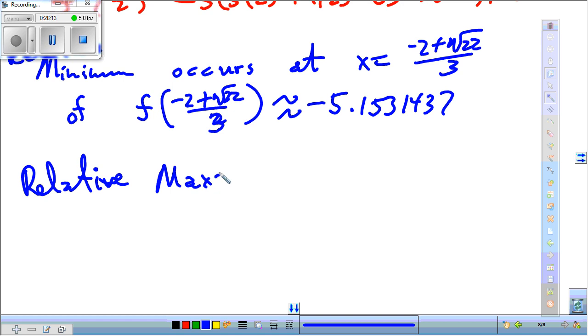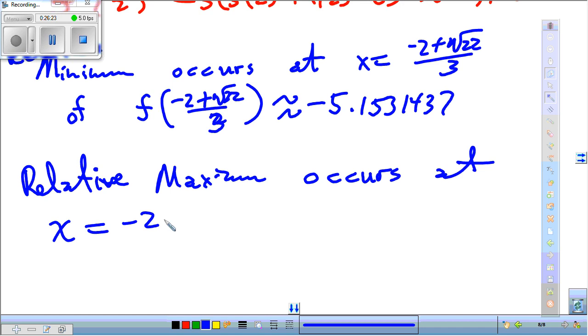And a relative maximum occurs at the other critical value I found, x equal to minus 2 minus square root of 22 divided by 3.